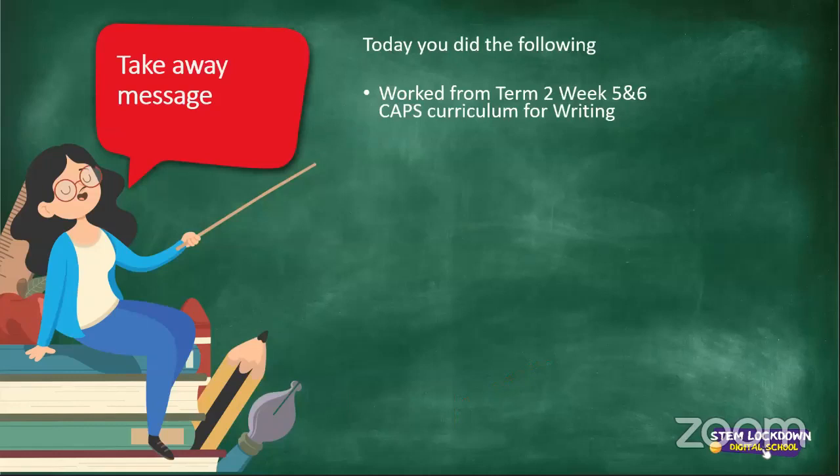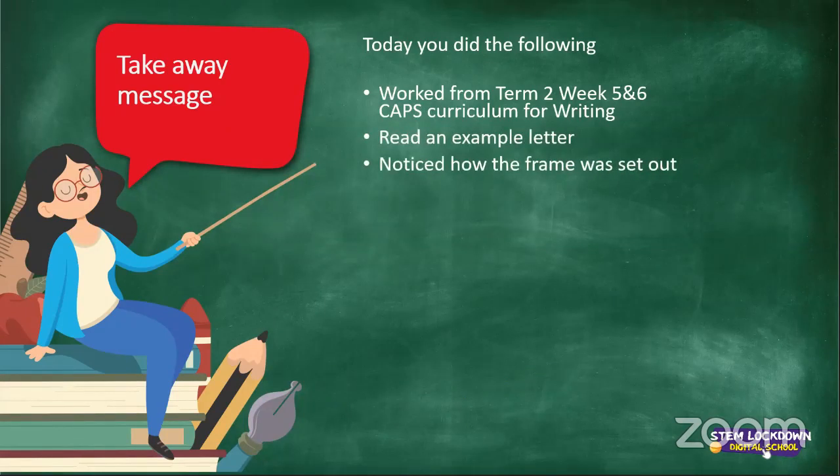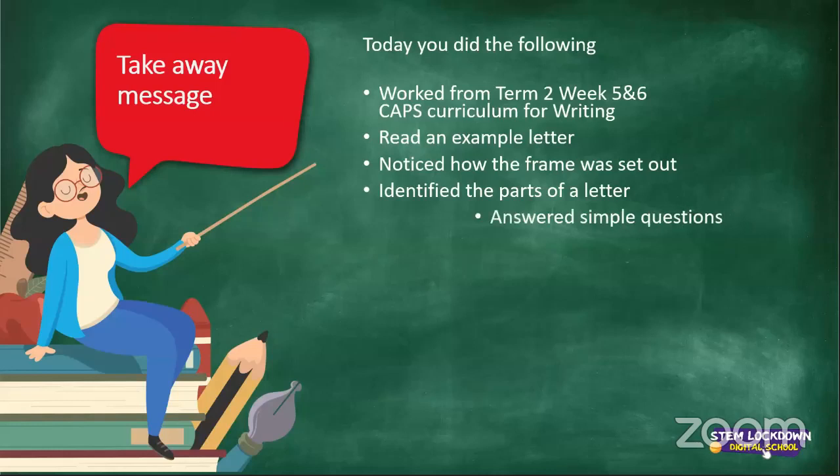Now we've really come to the end of the lesson. So let me remind you of what you did today. You worked from term 2, week 5 and 6 of the CAPS curriculum for writing. You read an example letter and you noticed how the frame was set out. So we went over the frame of a letter quite a few times so that you won't forget it. And you identified the different parts of a letter. This is a friendly letter that we're talking about. We answered some simple questions about the example letter that you read.